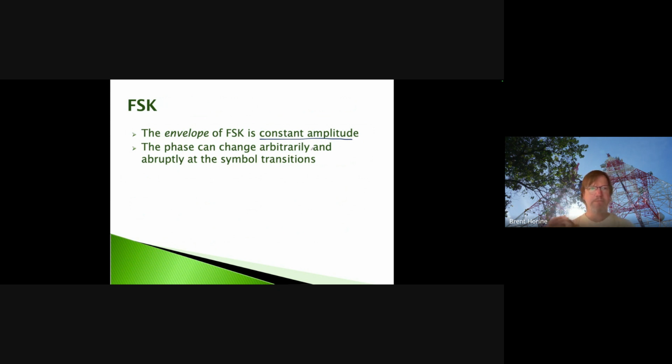Well, frequency and phase are related through a derivative type of relationship, right? So if we change frequency, then our phase is going to have a discontinuous arbitrary change at these symbol transitions.